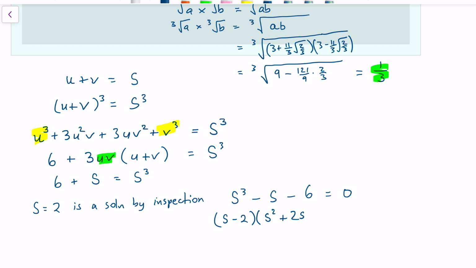So at the moment what I've made is s cubed minus 2s squared plus 2s squared minus 4s plus 3s and then minus 6. And then you can show that the last quadratic here, the discriminant of that, b squared minus 4ac, is less than 0, so it has no real solutions. So s equals 2 is the only solution.